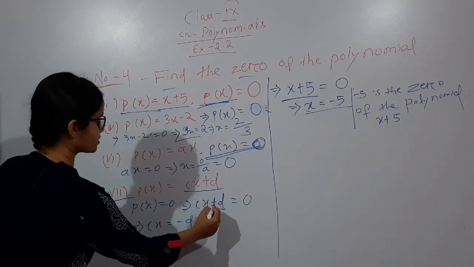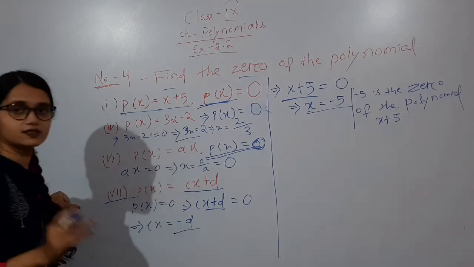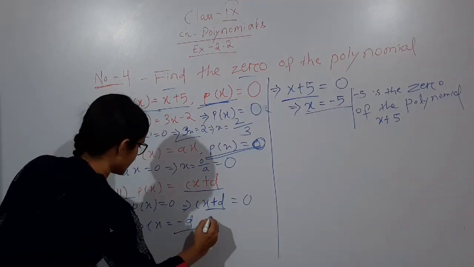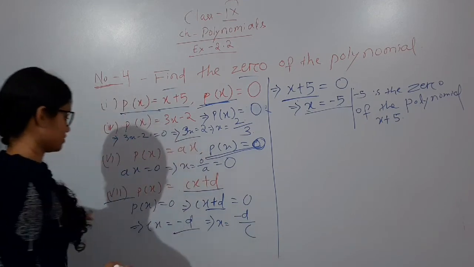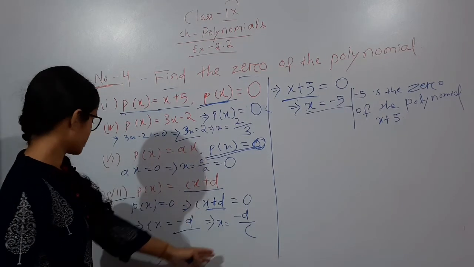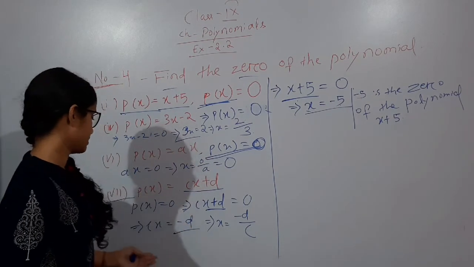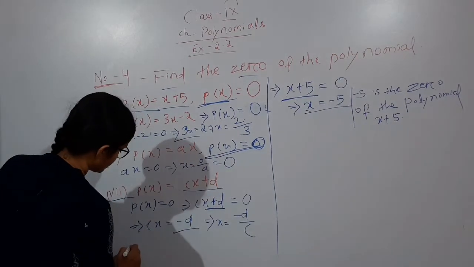That's why it is positive on the left hand side and it will be negative on the right hand side. Okay, so x is equal to minus d by c. It was on the LHS and it will go to the RHS and it will be divided because it was multiplied on the LHS. Okay, so x is equal to minus d by c.